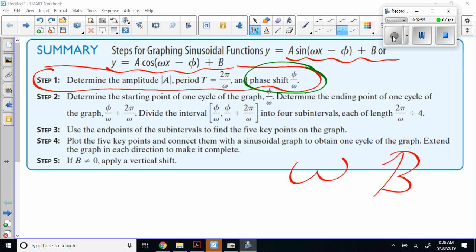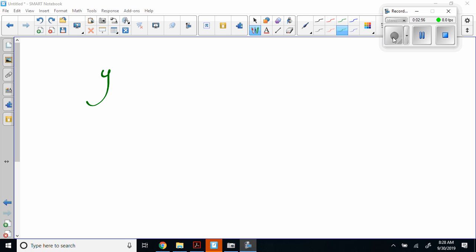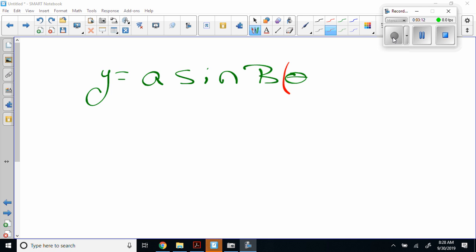All right, hold on. So we've looked at it like this, right? A sine B theta, right? Haven't we looked at it like that? Yes? Okay. We're going to add, does that make sense?